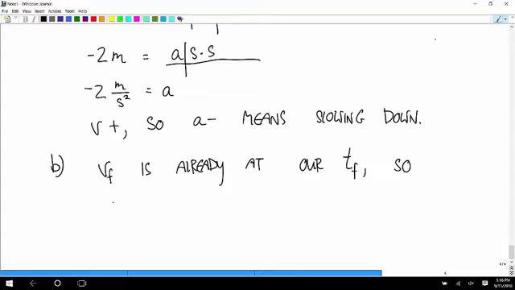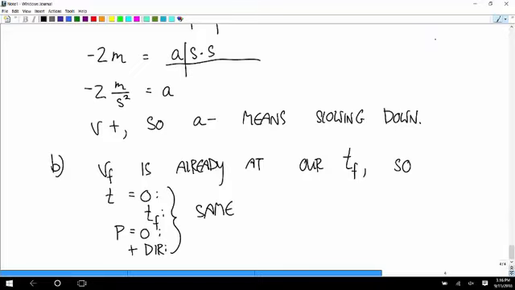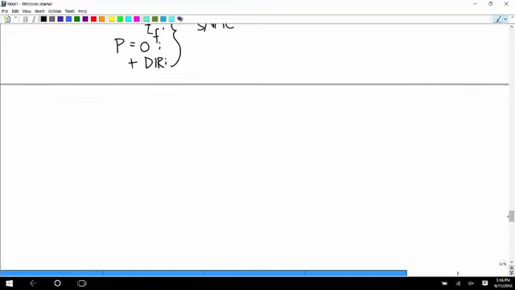So let's keep everything the same. Our time equals 0, our time final, our position equals 0, and our positive direction, those are all the same as in part A. And if those are all the same, then the stuff we knew in part A, we still know.